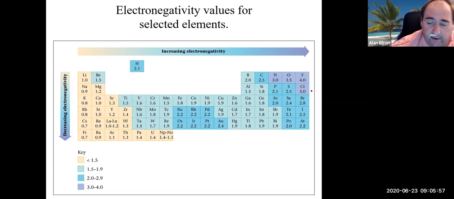Here, fluorine is the most electronegative atom at a value of 4.0, the highest value that we see. You'll also notice that the noble gases, which are not on this periodic table, don't really have values.